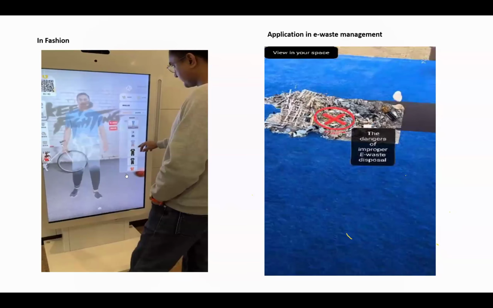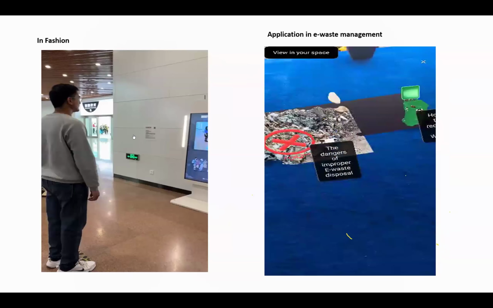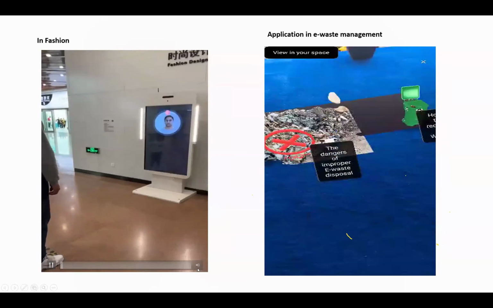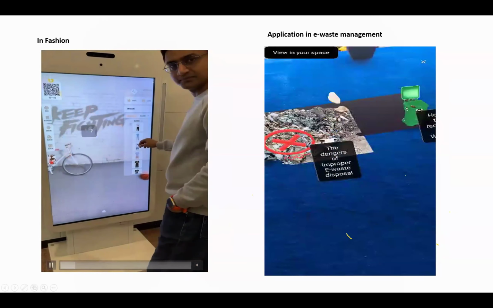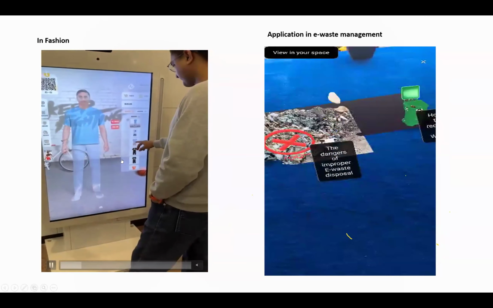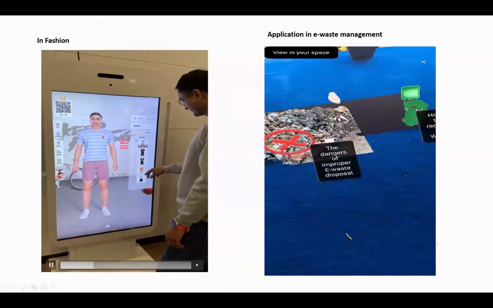So like I was showing you, these are just some of the applications of the technology. Like I said, in fashion, someone is able to dress themselves up using augmented reality. You check how an outfit would look on you before you actually buy it, okay?